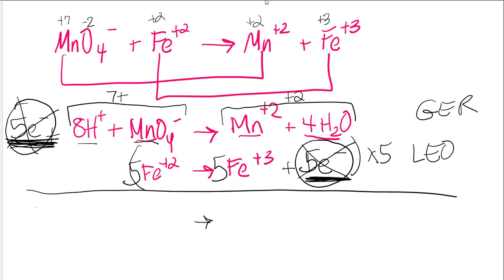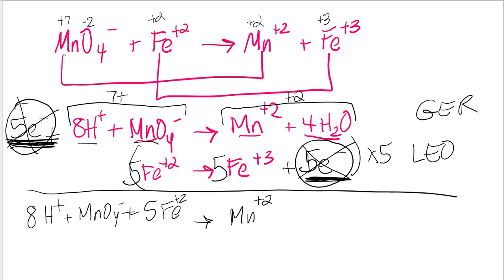And I'm dropping down my 8 H pluses plus my MnO4 minus plus my 5 Fe 2 pluses, and that's going to combine to create Mn 2 plus plus 4 waters plus 5 Fe 3 pluses.